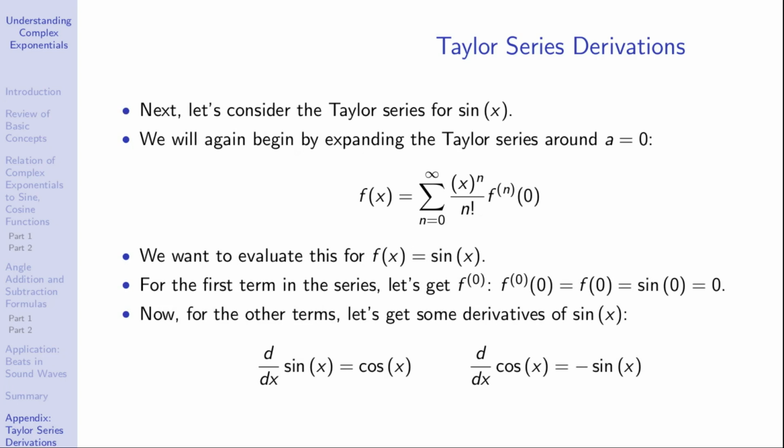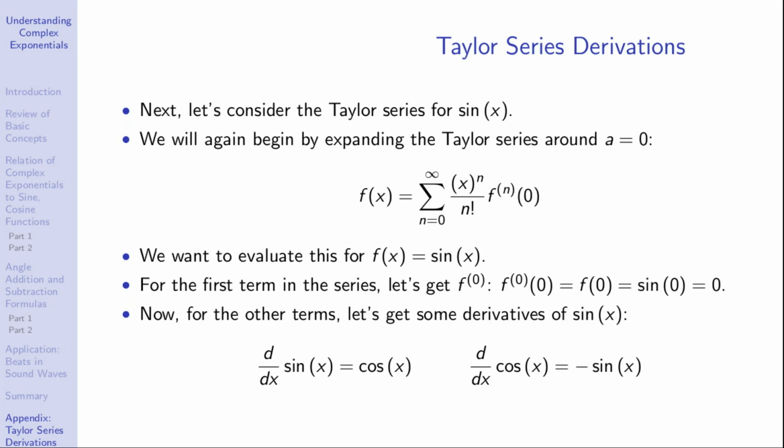Okay, next let's consider the Taylor series for sine of x. We will again begin by expanding the Taylor series around a equals 0. So again, f of x is equal to the sum over n from 0 to infinity of x to the n over n factorial times the nth derivative of f evaluated at 0.